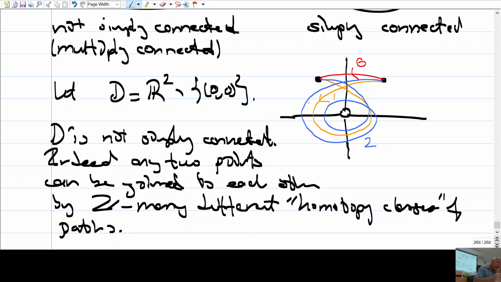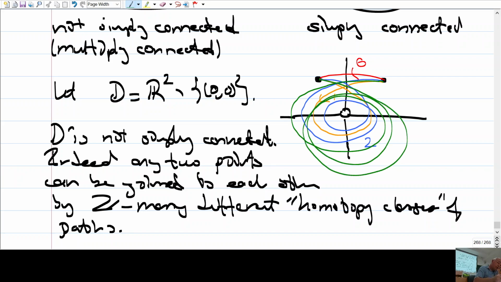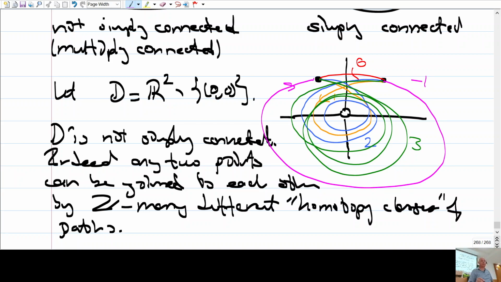The yellow one goes around 1 time, blue one goes around it 2 times, this one goes around 3 times. I said integer many because I can go the other way around. This one goes around the hole -1 times. It goes the other way around.